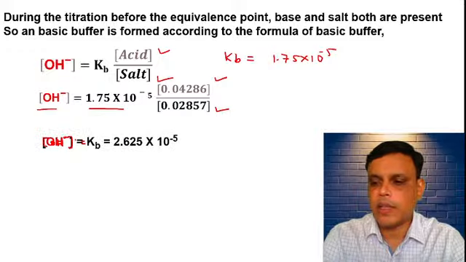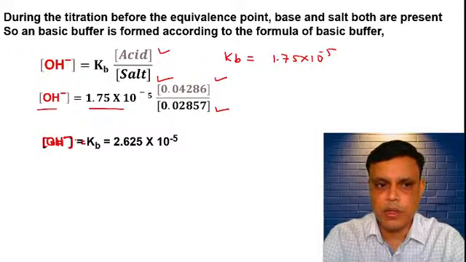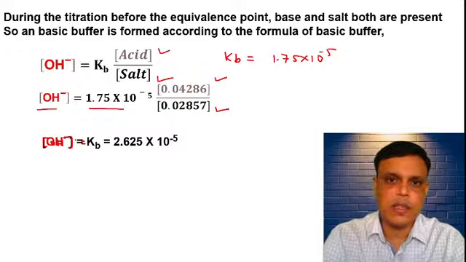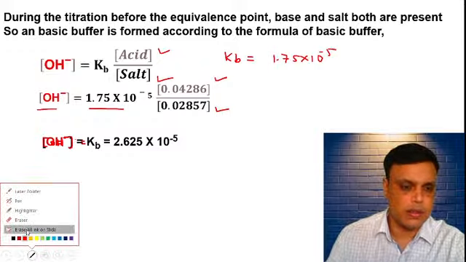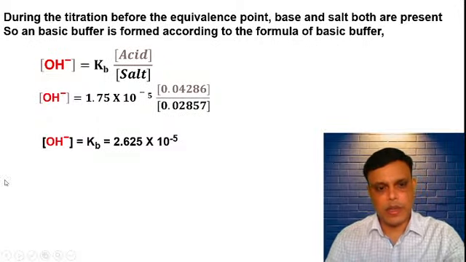Correct. 2.6235 × 10⁻⁵. This is your concentration of OH⁻ ion. Okay? Correct. Very good.